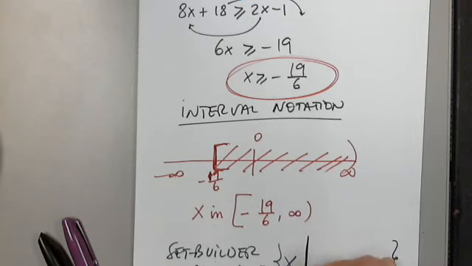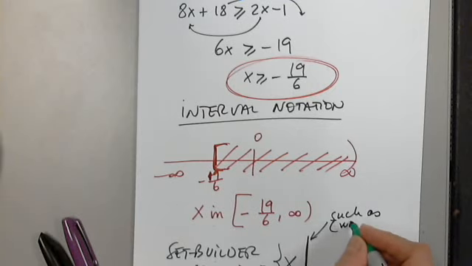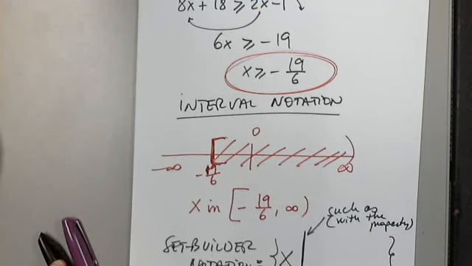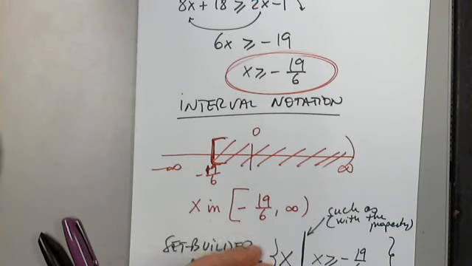This vertical bar stands for such that, or with the property, or having the property of this. So this is, to me, not useful. I'm just copying this here and I put 2 braces around the bar. I'm not saying anything else.